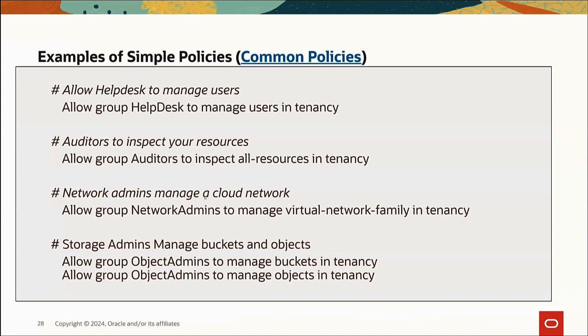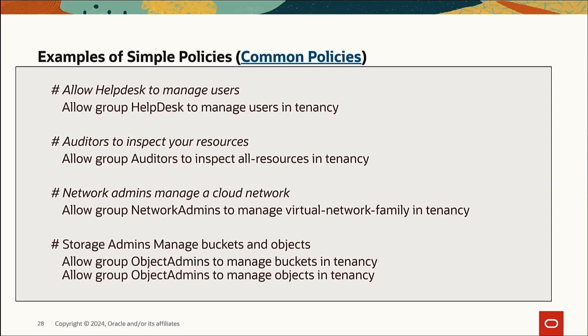These are simple policies. I think this is self-explanatory. Let's just focus on one. For example, auditors. If you have an auditor, and that auditor is going to live in that right box, remember, in the default domain, which contains your tenancy admins, etc. Auditors can live in this domain as well, and you can give them access to inspect all resources.